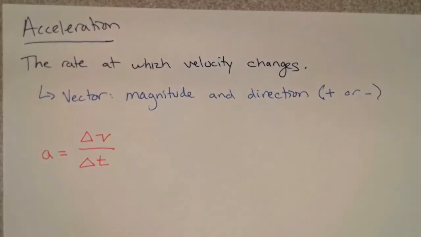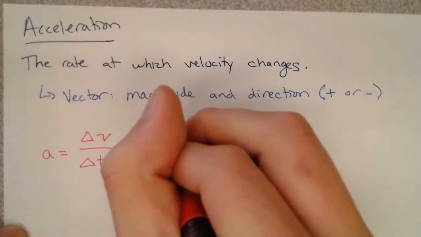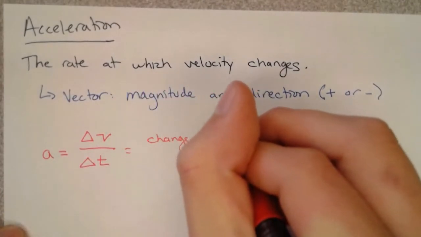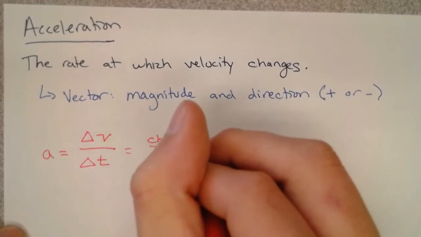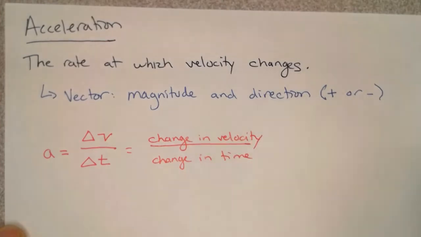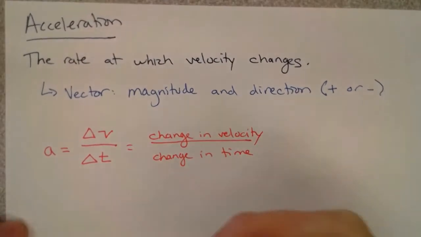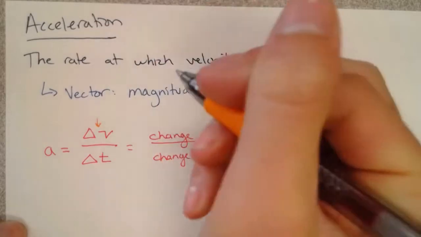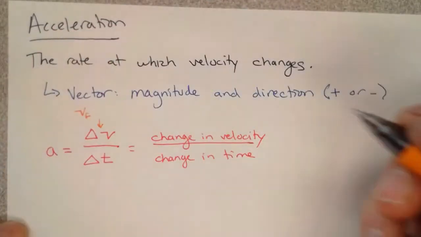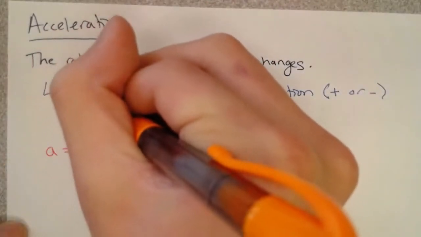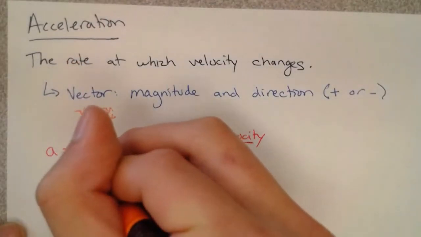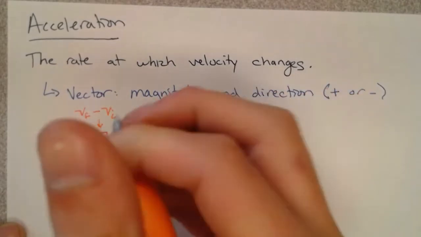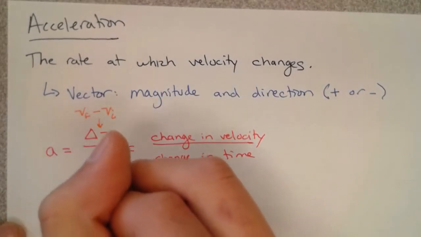Change in velocity, all this means is v final, or the velocity that I finish with, minus the initial velocity, or the velocity that I started with. Delta t, or change in time, is just t final minus t initial.